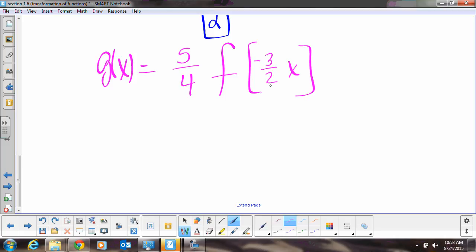Let's go with Jake. What does the 3/2 do? Okay, so he remembered to think 2/3, right? That's the reciprocal. 2/3 is less than 1, so it is a horizontal compression by a factor of 2/3. Any questions there?